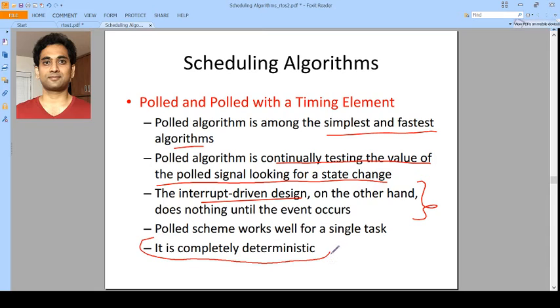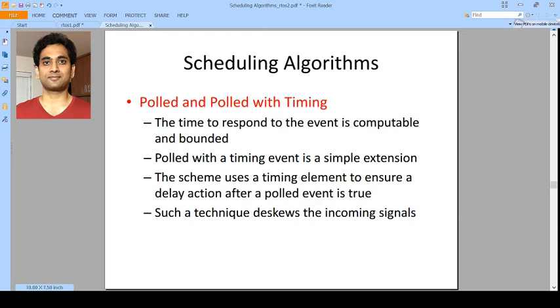One thing we have to understand is that a polled scheme is extremely deterministic. An important characteristic of the polled mechanism is that the time to respond to an event is computable and well bounded. We can put an upper bound on the time needed to respond to a particular event.